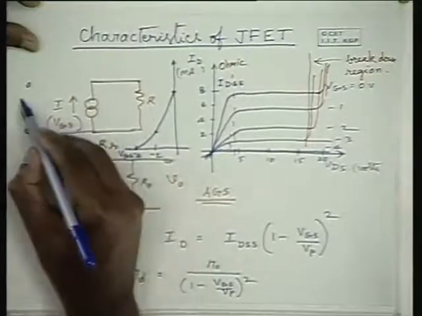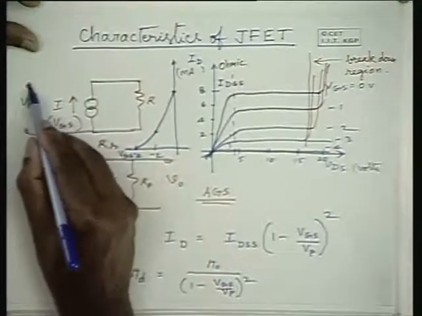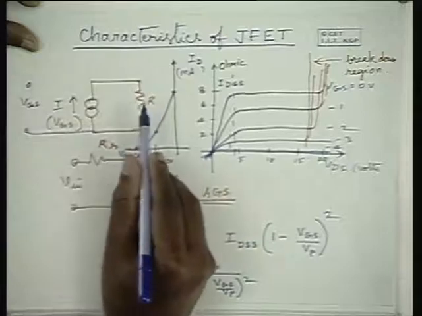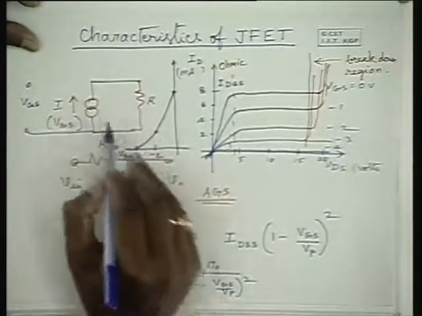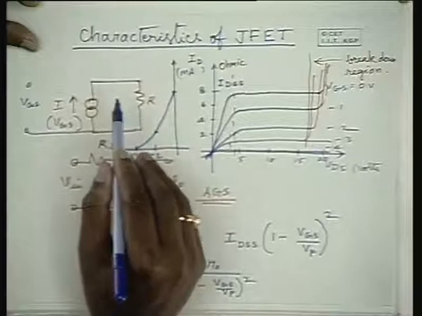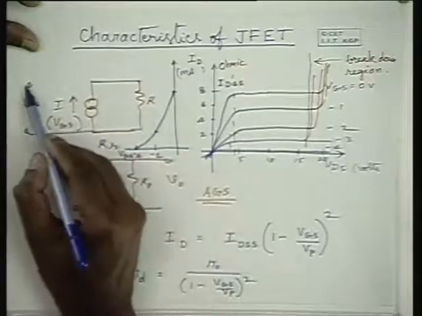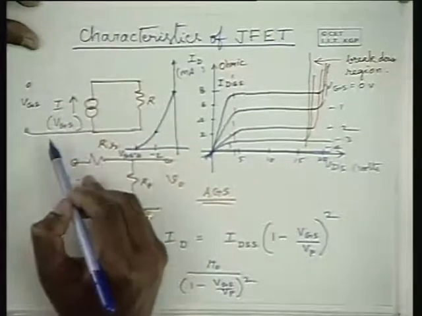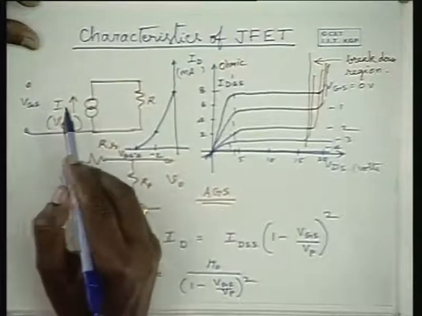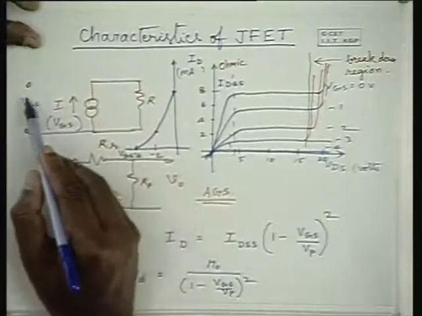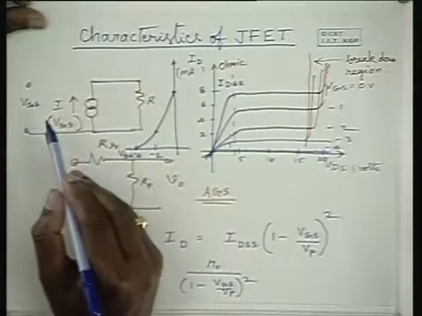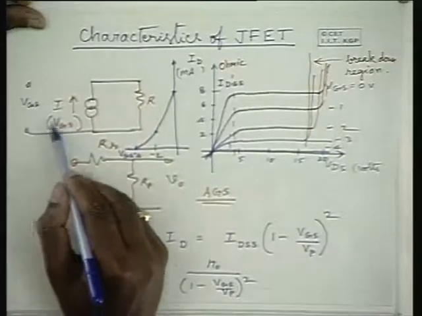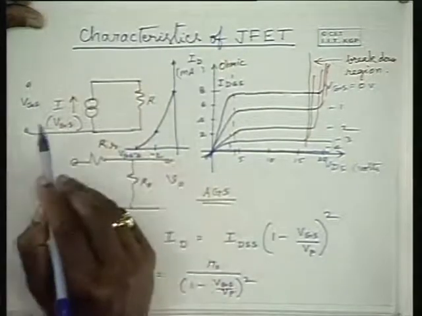The VGS is almost independent of the drain to source side, the output side. So whatever voltage you apply, it hardly loads it, and for all practical purposes 0 current flows in, but the output is affected by the input.